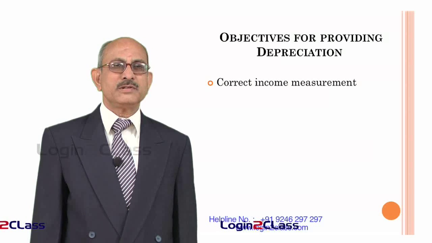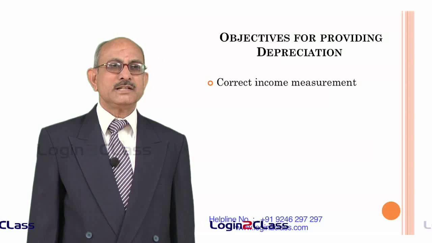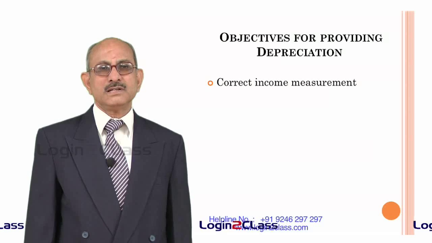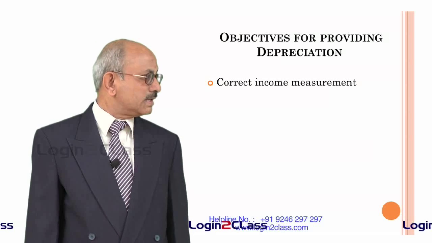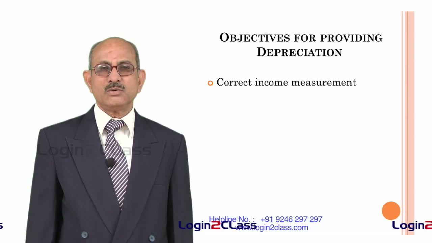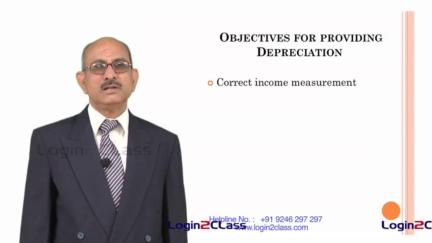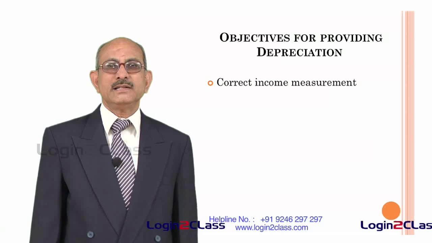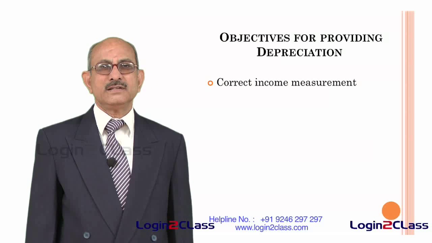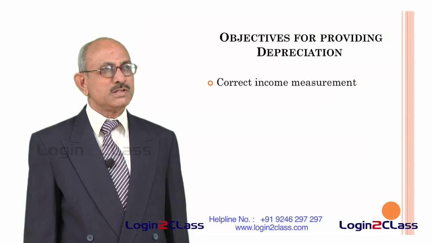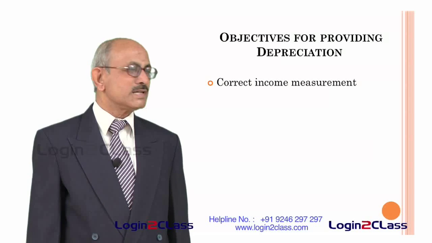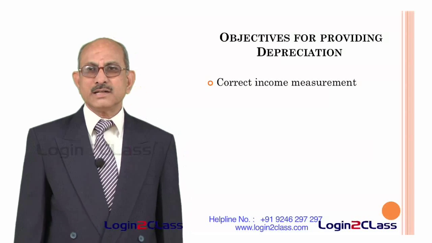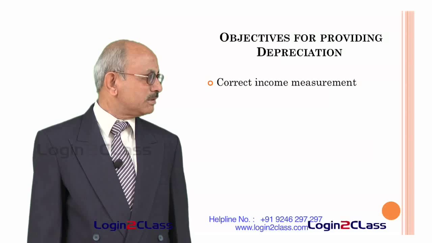The matching concept states that all the expenses incurred for earning the income during that accounting period have to be accounted for. So, depreciation also is an expenditure because it is the loss of value of an asset for the purpose of use of that asset in the production or rendering of service or for some other purpose.